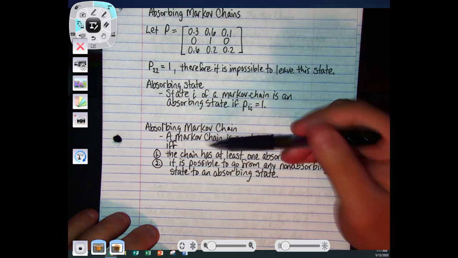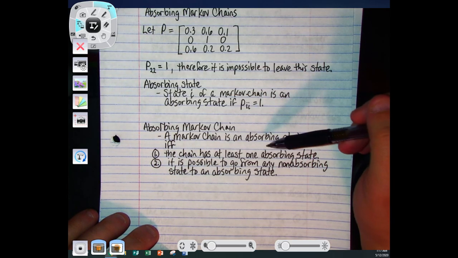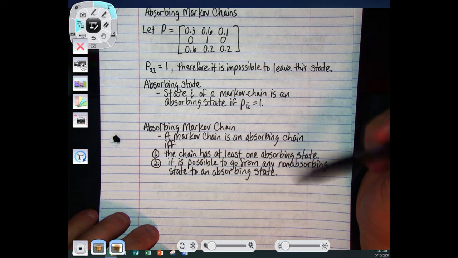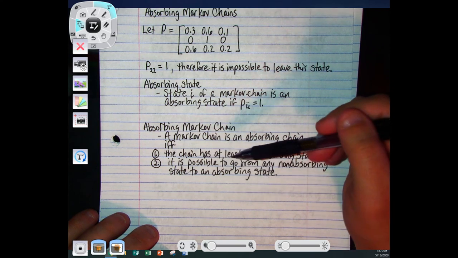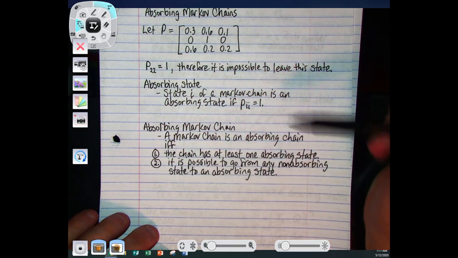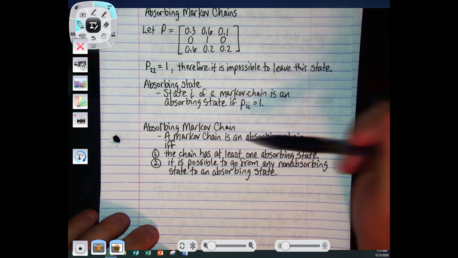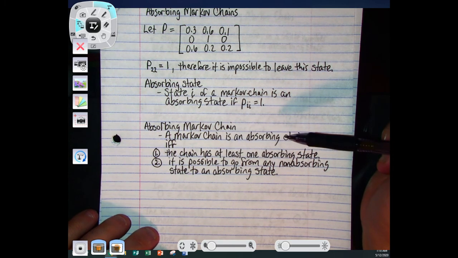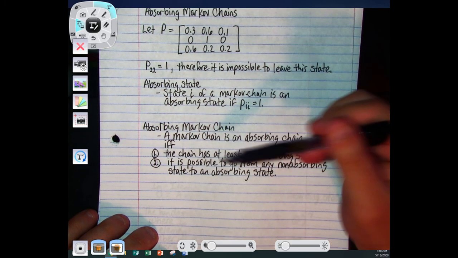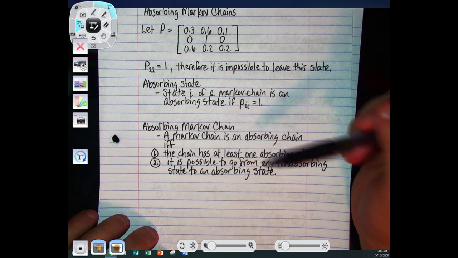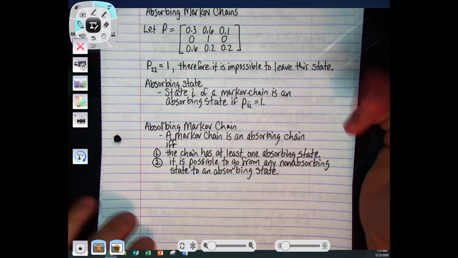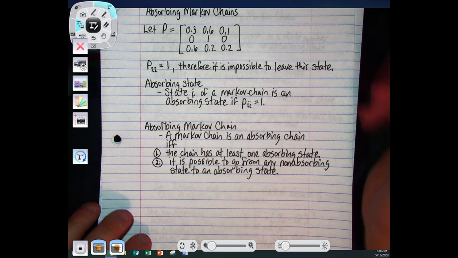A Markov chain is an absorbing chain if and only if the following two conditions are met. One, the chain has at least one absorbing state, and two, it is possible to go from any non-absorbing state to an absorbing state.